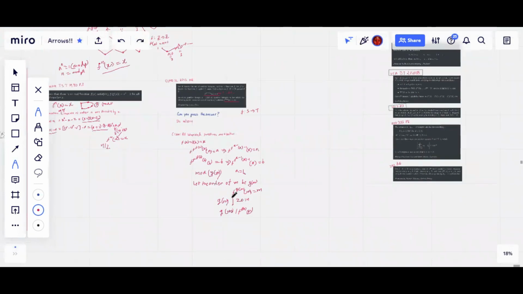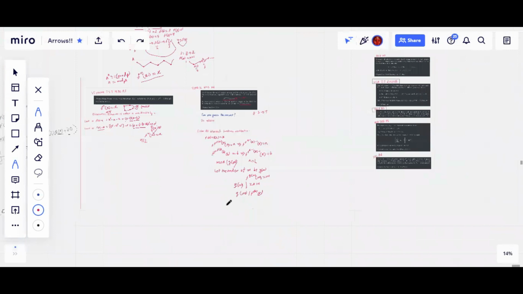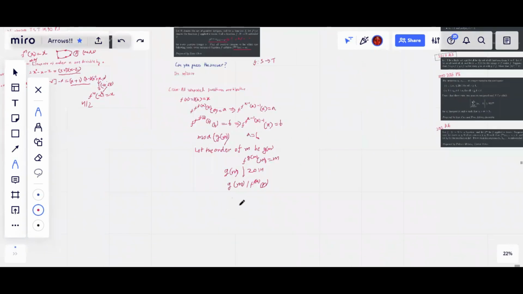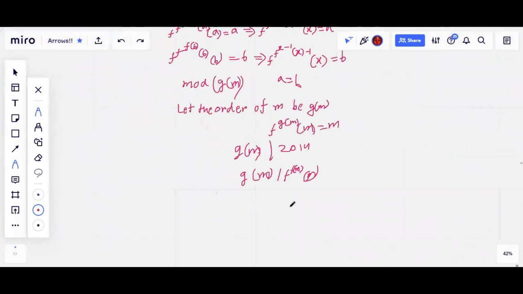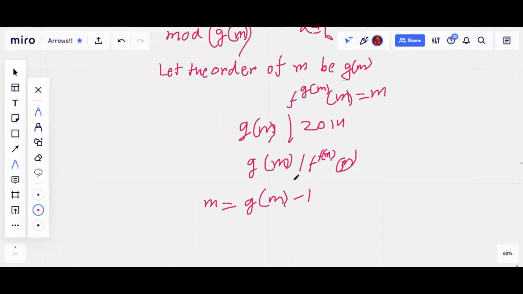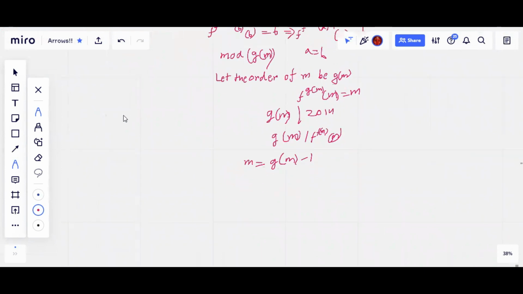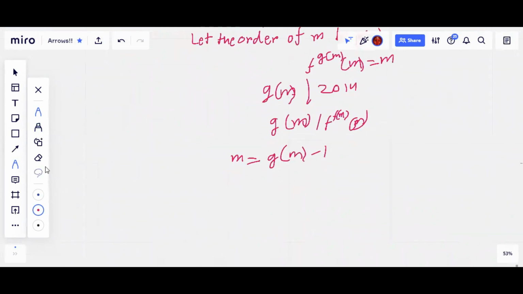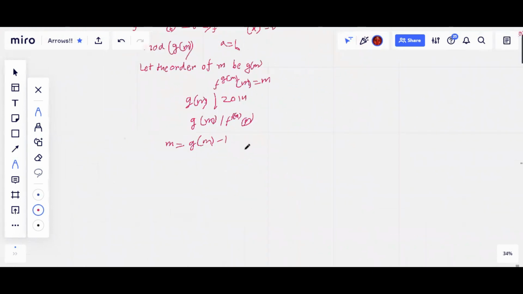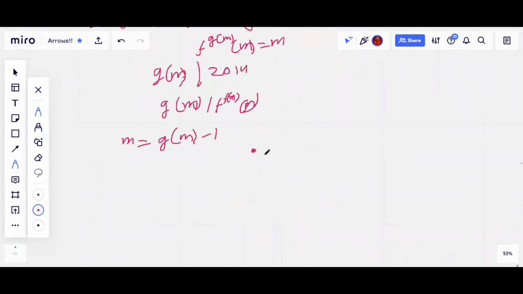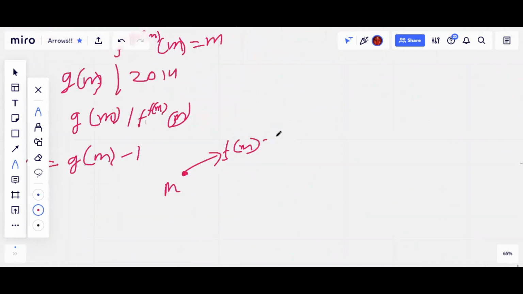Now we have the key step of the problem. The idea is to take m equals g of m minus 1. So how do you motivate it first? Since you are trying a problem that has iterated functions, the first thing you do is draw arrows. So you have this, and so on, so on.